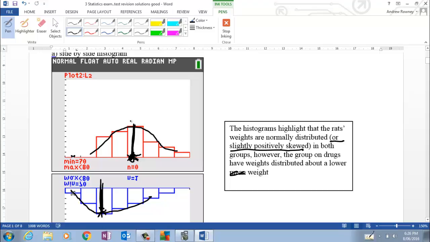Okay, and if we're talking normal distribution, we could use the word mean, because the mean is actually in the center of a normal distribution. So clearly this is showing that when you place the rats on the drugs, the shape heads towards the left to look like that blue graph there.